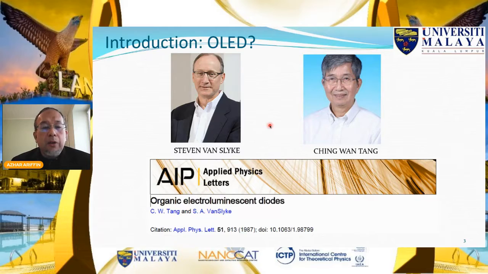Since then, a lot of research has been conducted, but only 10 years later, in 1997, was the first OLED display introduced to the market, by a company called Pioneer. Then in 2003, if I'm not mistaken, the first digital camera using an OLED display was introduced to the market.